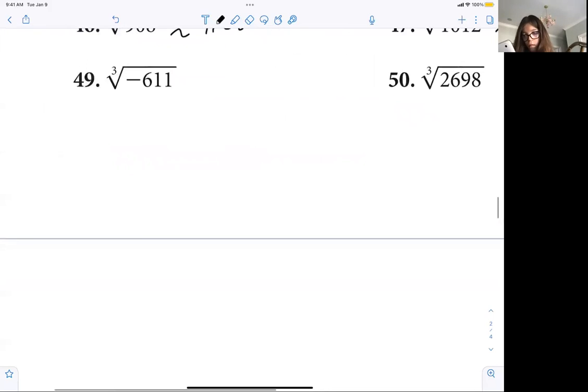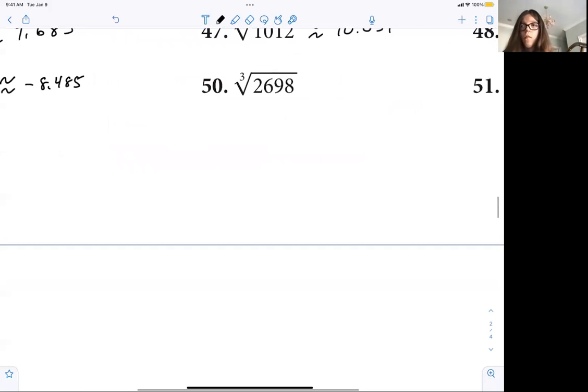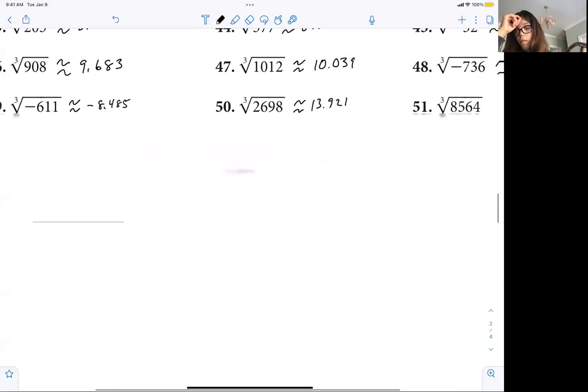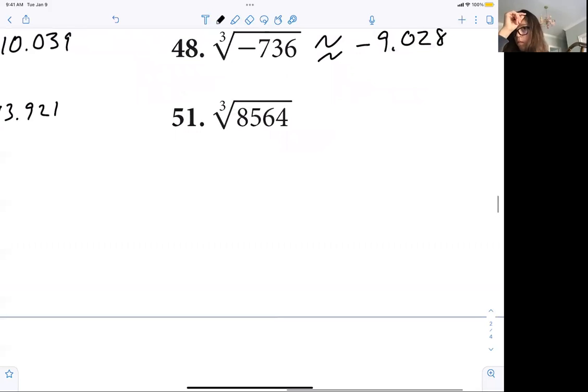Cube root of -611. Everybody's okay with that? And finally, cube root 2698. 13.921. Thank you. Oh yeah, now this is the last one. So we have cube root of 8564, which is 20.459.